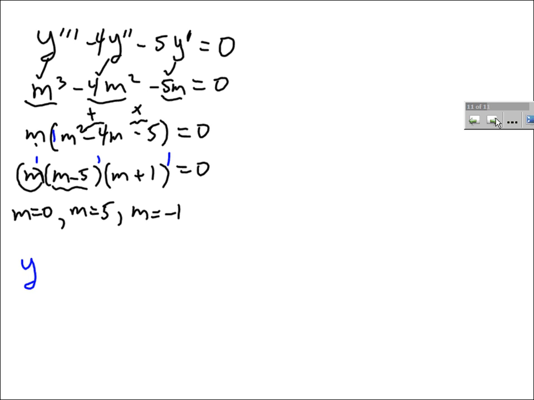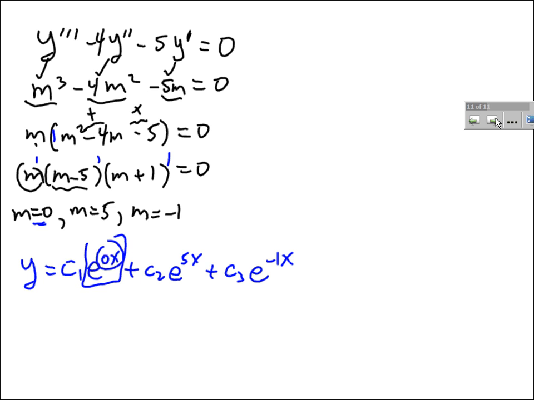So y is going to be c1 e to the 0x, plus c2 e to the 5x, plus c3 e to the negative 1x. Now, 0 times x is 0, and e to the 0 is 1.